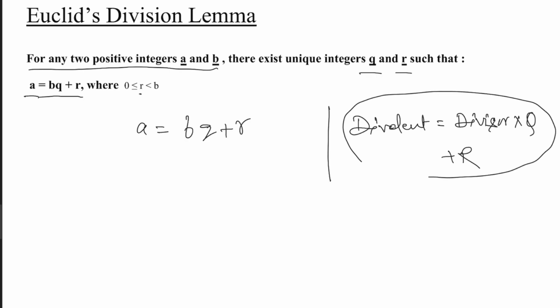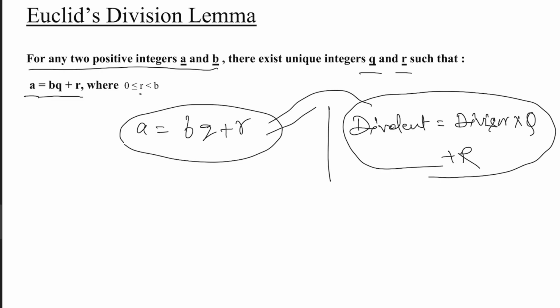And this is the format. This and this algorithm are both the same. From childhood we have been studying dividend is equal to divisor into quotient plus remainder. The same is converted in this algorithm, that is a is equal to bq plus r.